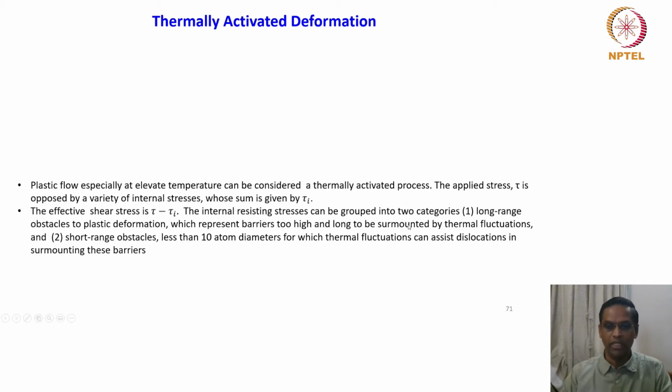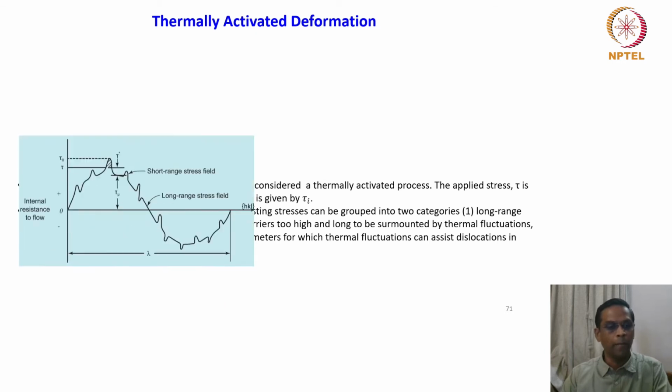The previous one, the long range obstacles, are called athermal barriers, because the temperature and strain rate do not affect them directly. They are independent of the temperature and strain rate. And the short range obstacles are called thermal barriers, because the thermal fluctuations will surmount them. So that is the idea of these two classifications.